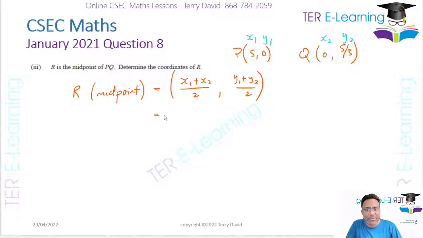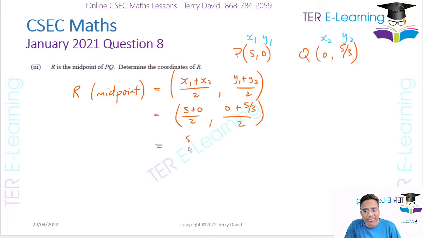Basically what we are doing is adding the two x values and dividing by 2, and adding the two y values and dividing by 2. So this here is going to be 5 plus 0 over 2, comma, and we're going to add 0 plus 5 over 3, divided by 2.